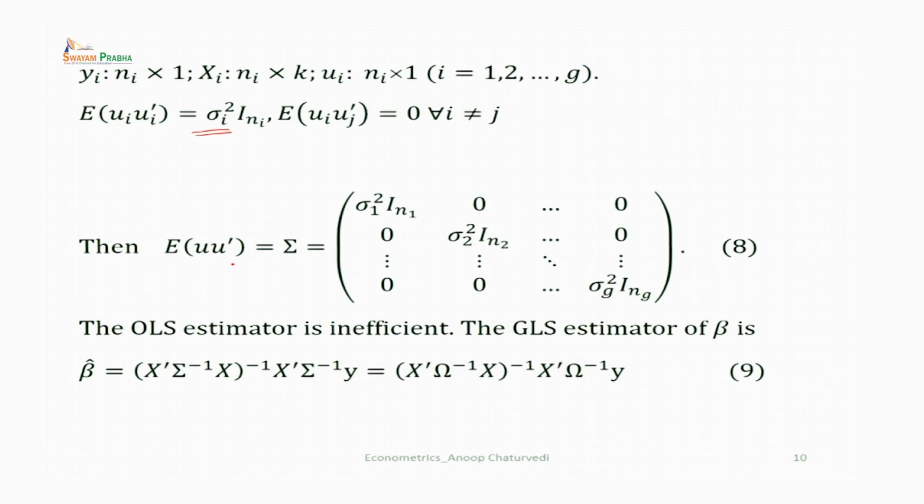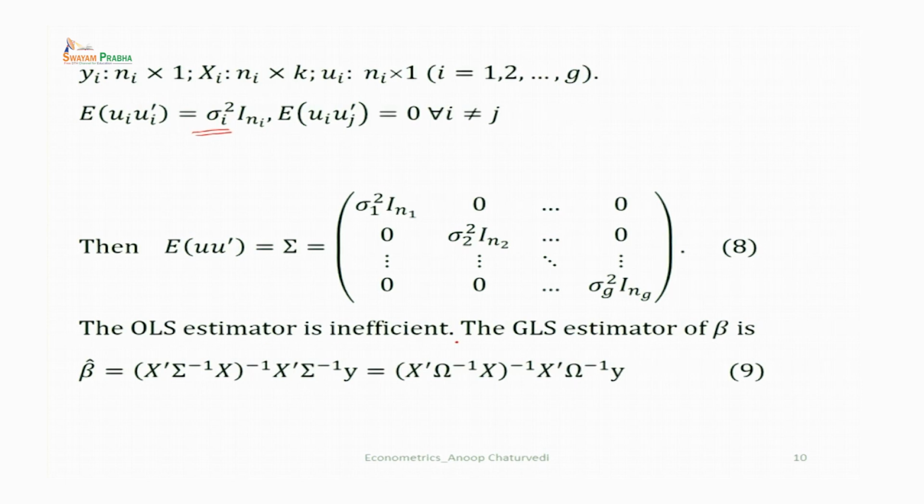Then expectation of u u transpose, say you write it equal to capital Sigma, is equal to diag(sigma_1 square I_{n1}, sigma_2 square I_{n2}, and so on, sigma_G square I_{nG}). So, it is a diagonal matrix. First n1 diagonal elements are sigma_1 square, next n2 diagonal elements are sigma_2 square, and so on. Last nG diagonal elements are sigma_G square, and all the off diagonal elements are equal to 0, because there is no correlation in disturbances involved.